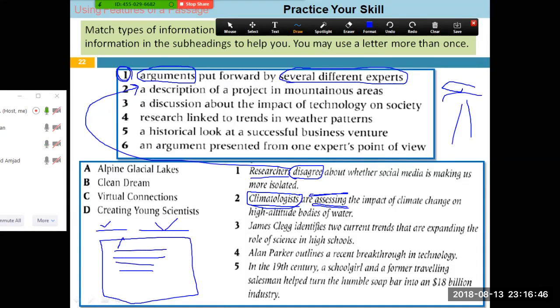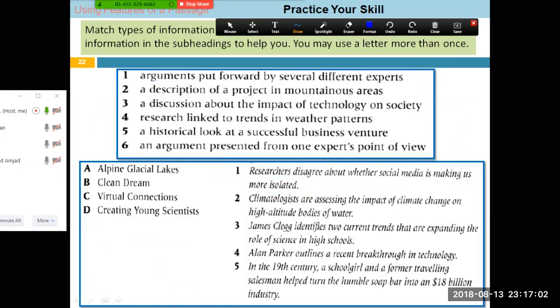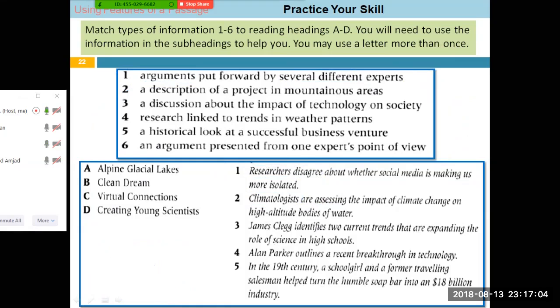Researcher A said this thing and provided these arguments. Researcher B said this thing and she provided these arguments. Clear?